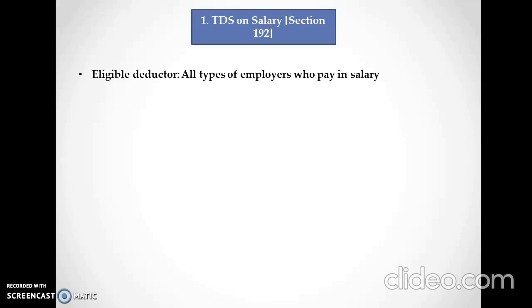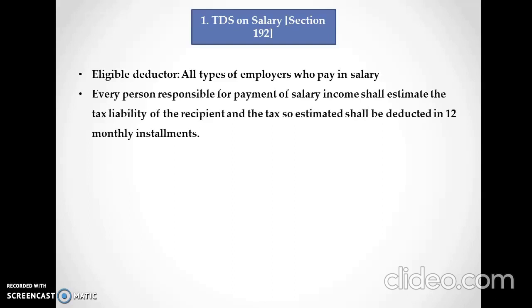In order to call a payment salary, it is important that there should be a relationship of employer and employee. So any employer who pays salary is an eligible deductor. He is eligible to deduct TDS from whatever amount he is paying you in the form of salary. Every person responsible for the payment of salary income shall estimate the tax liability of the recipient, and the tax so estimated shall be deducted in 12 monthly installments.